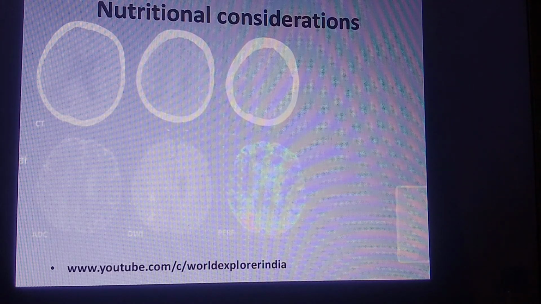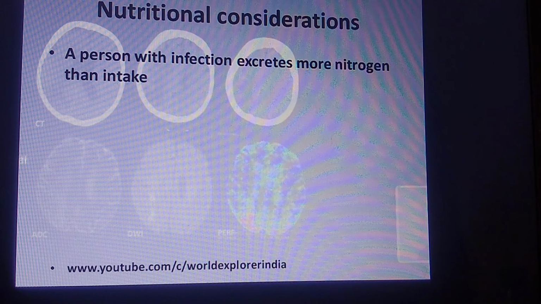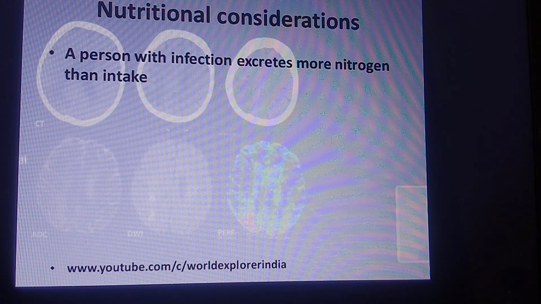Now some of the nutritional considerations which we should know related to infections. A person with infection excretes more nitrogen than intake, because the person is not taking enough nutrition because of the disease condition, and because of increased BMR the patient may be using more energy in the body, so he may be excreting more nitrogen than the intake.